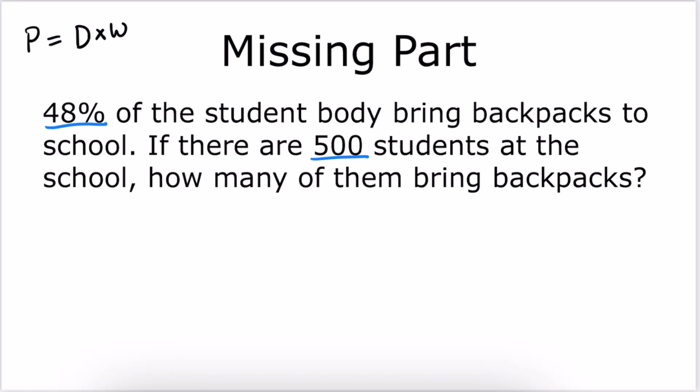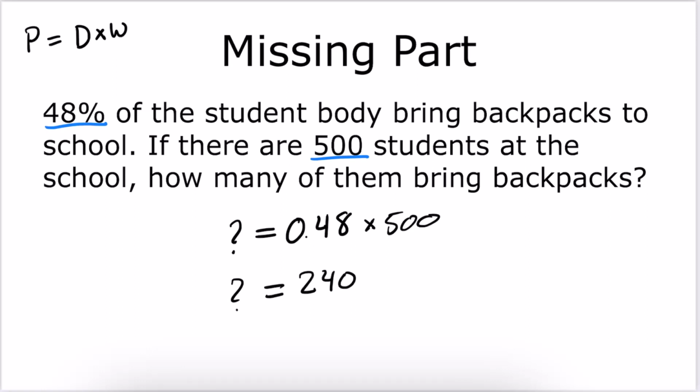The part is what I'm looking for, so I'm going to have question mark equals my percentage as a decimal, which is 0.48, times my whole, which is 500. To find out what the question mark is, I just need to multiply 0.48 times 500, which tells me that the question mark equals 240. And so that tells me that 240 of the students bring backpacks.